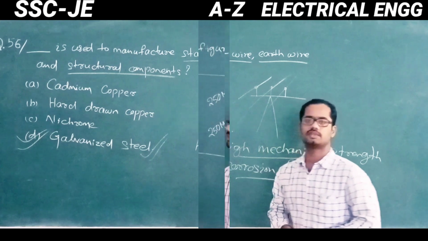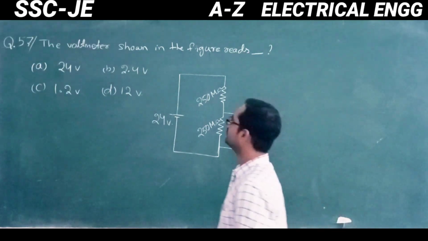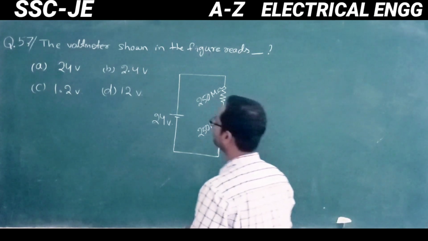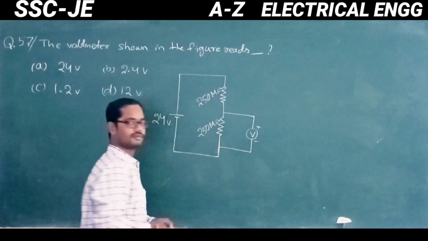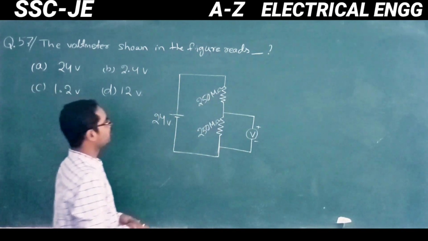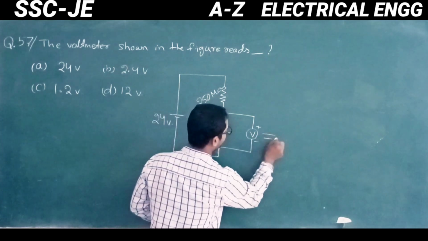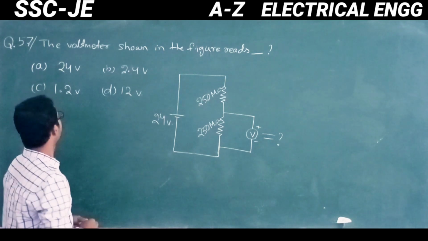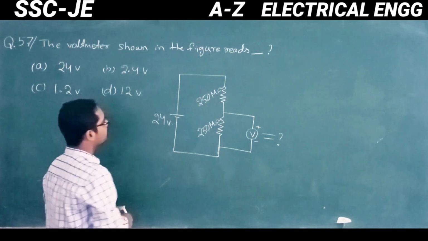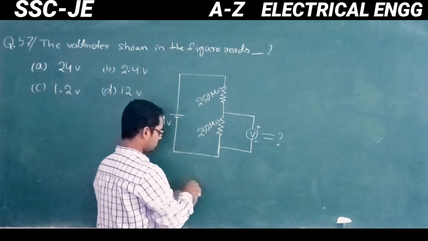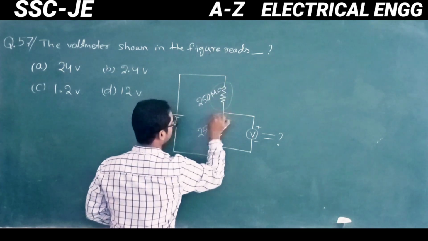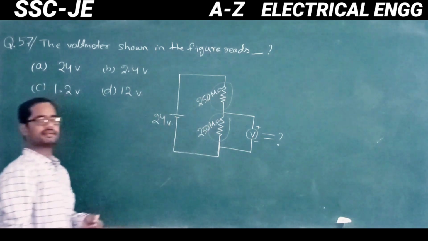So moving to the next question. The question is, the voltmeter shown in the figure reads dash. So the question wants to know the reading of the voltmeter. So we have to find out the reading of this voltmeter which is connected. If we solve the question, these two resistances are connected in series.